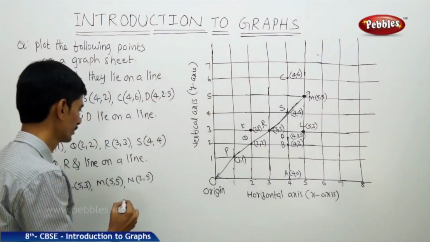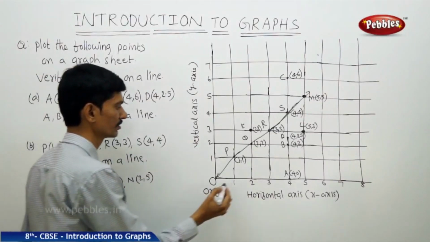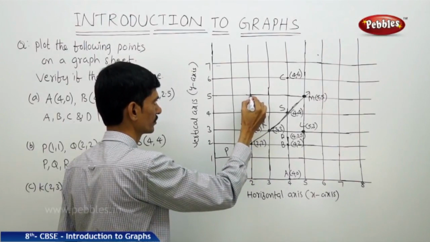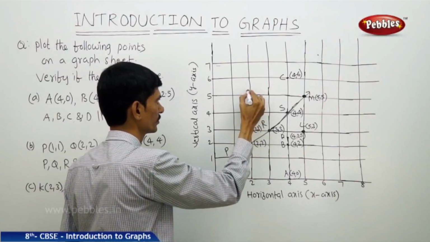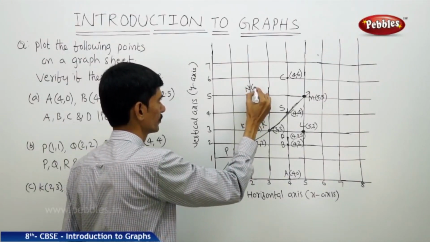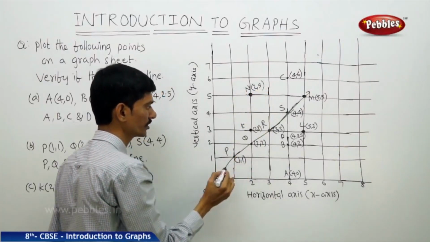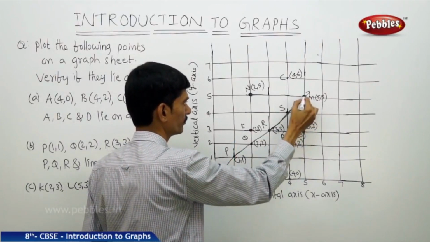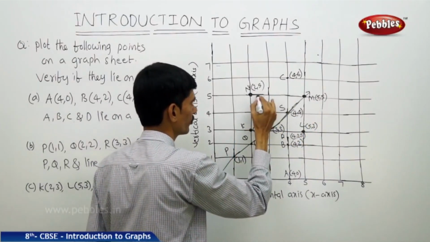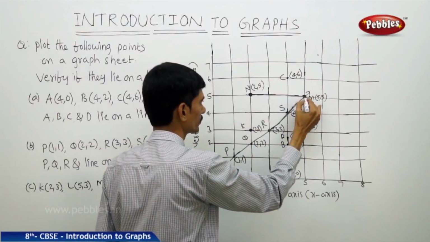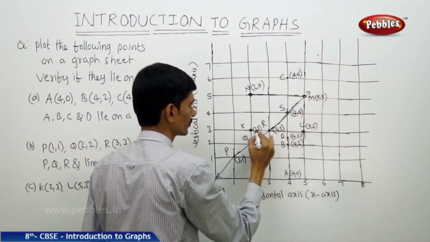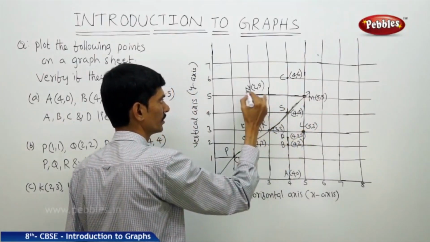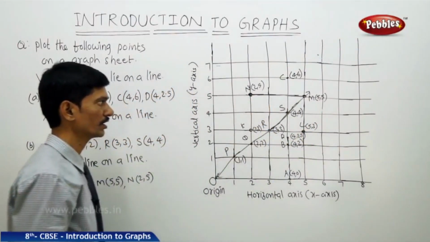And next N (2, 5). On the x-axis 2, on the y-axis 5. So this is the point N (2, 5). Now observe the 4 points K, L, M, N. These 4 points do not lie on a line.